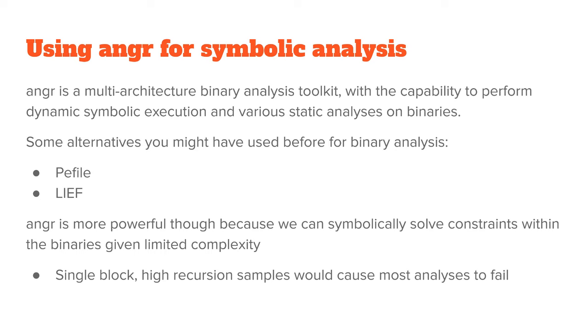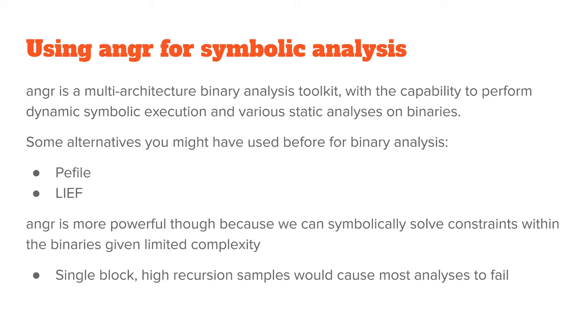So we're not just doing things like looking for min-max hex ranges of the binary. We're also using it to go through those CFGs and solve the constraints to determine what inputs we need to reach them.